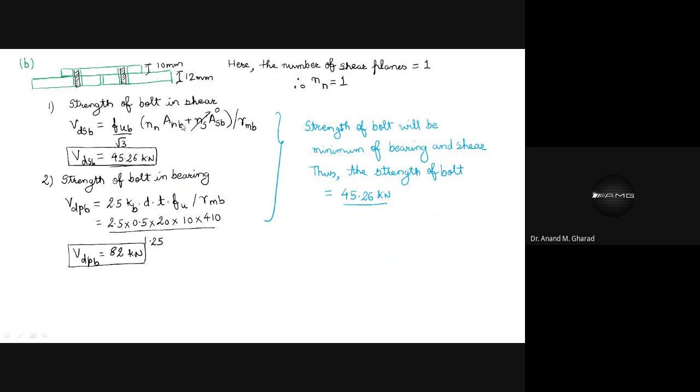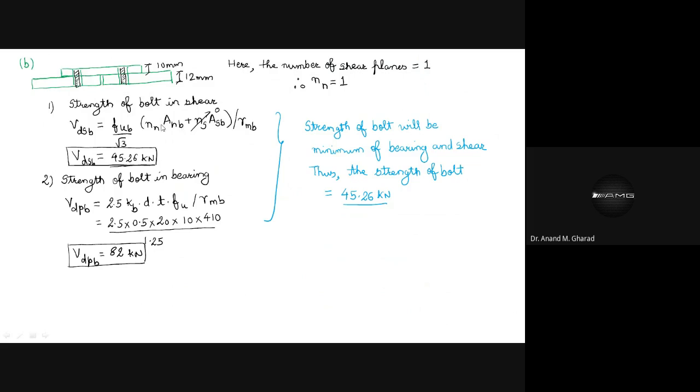We have assumed 0.78 times the area of the bolt, 0.78 into pi d square by 4, small d square by 4. So with that, you have evaluated the A and B. Gamma and B, you have found from the IS code. Then it is easy to calculate VDSB with the formula.